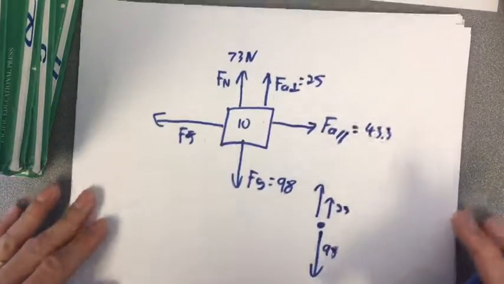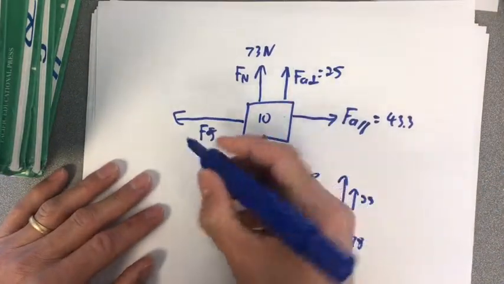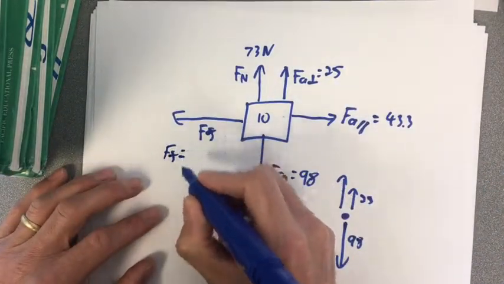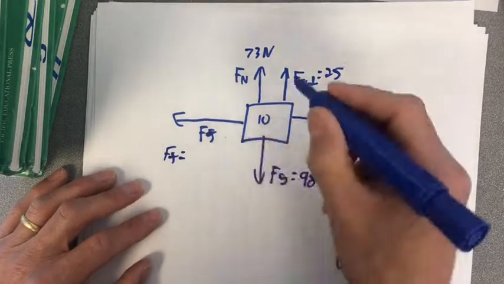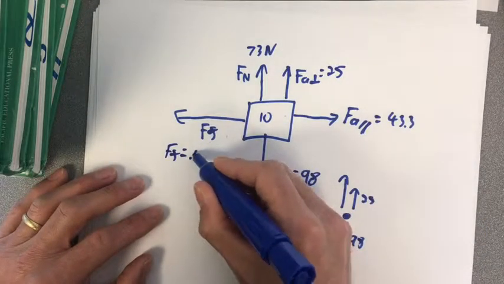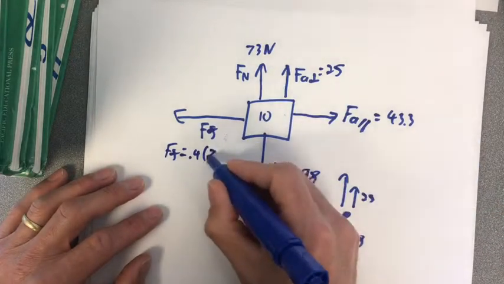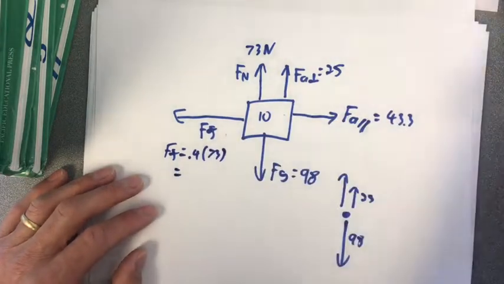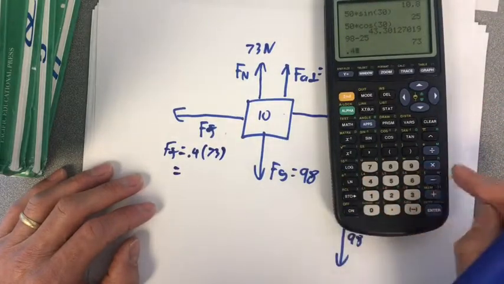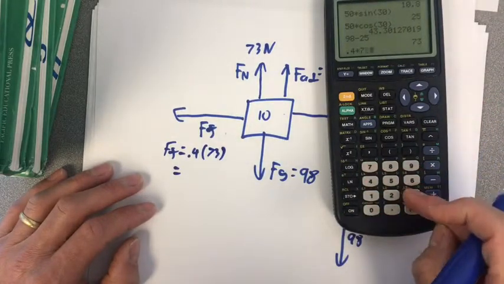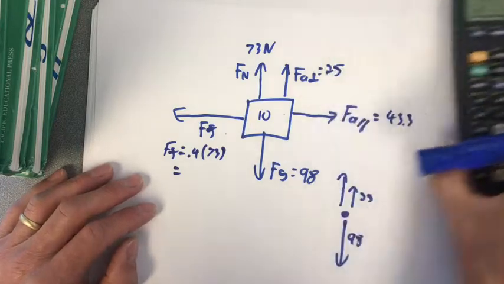Okay, now what's my force of friction? Force of friction is going to be the coefficient, which is 0.4, times the normal force, which is 73. That's 29.2.